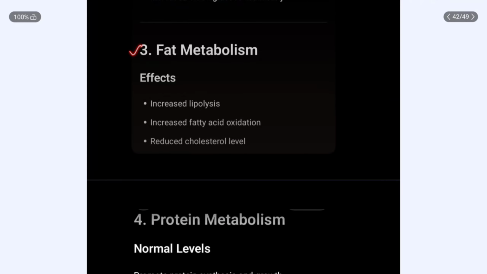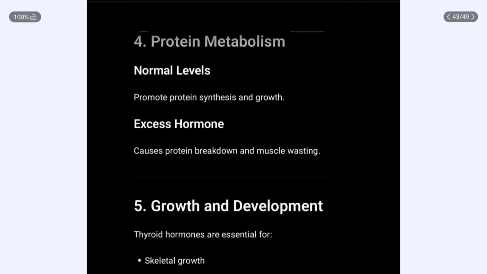Number 3 is fat metabolism. Increased lipolysis, increased fatty acid oxidation, and reduced cholesterol level. Number 4, protein metabolism. It promotes protein synthesis and growth. Excess hormone causes protein breakdown and muscle wasting.